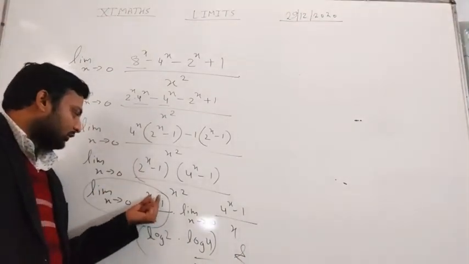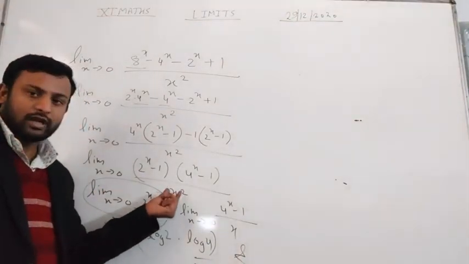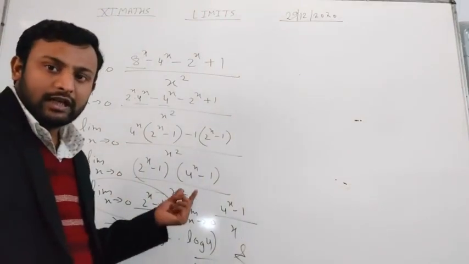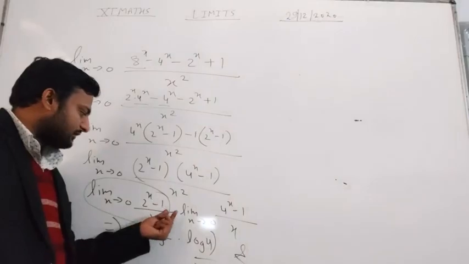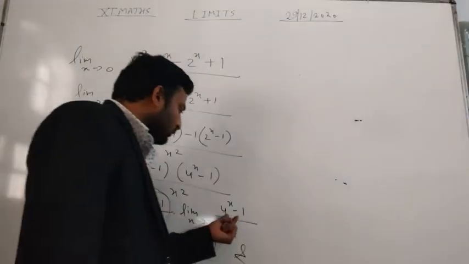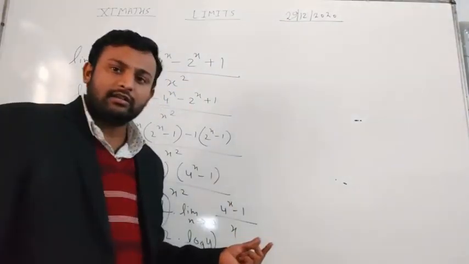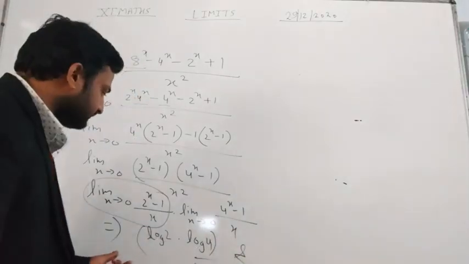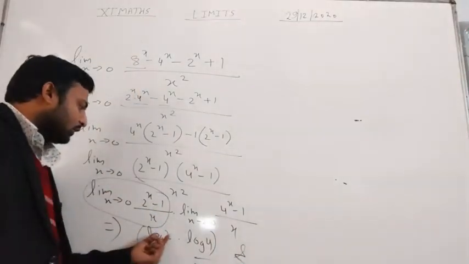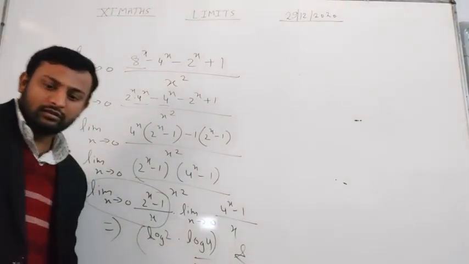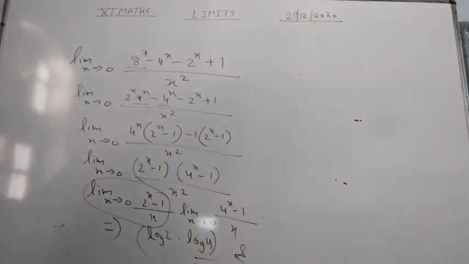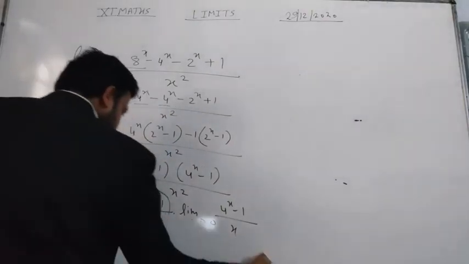This x² we can write as x into x, so it will be (2^x − 1)/x and limit x tends to 0 of (4^x − 1)/x. I hope you understand, students. And this is our log 2 and this is our log 4.